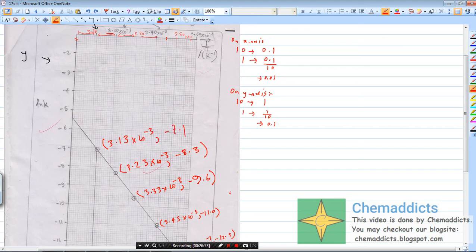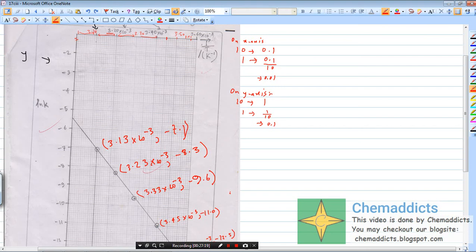So as we can see, this is minus 7.1 and 3.13. Just as before, we're gonna look at where 3.10 is, 3.10 is here, and we will move 3 boxes right, and we're gonna go all the way down until we find minus 7.1. So that is how we're gonna plot this graph.